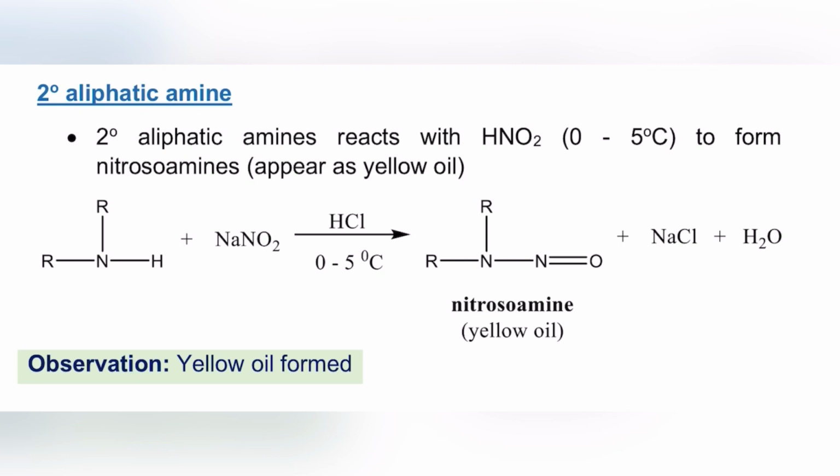Nitrosoamine adalah when you kekalkan your nitrogen but you add another NO. Between nitrogen and O here, you have double bond. Then the side product will be NaCl and water. This nitrosoamine adalah yellow oil yang kita akan observe. So that's why observation dia yellow oil form.